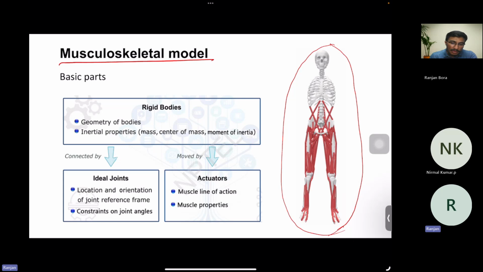This musculoskeletal model consists of some basic parts, which are the rigid bodies. What are the rigid bodies? Rigid bodies means the bones which are present in our body. Like you can see the skull, then torso, then femur, tibia.